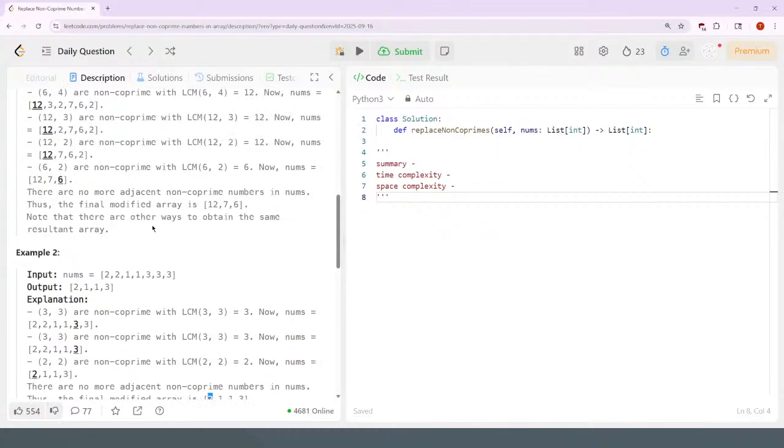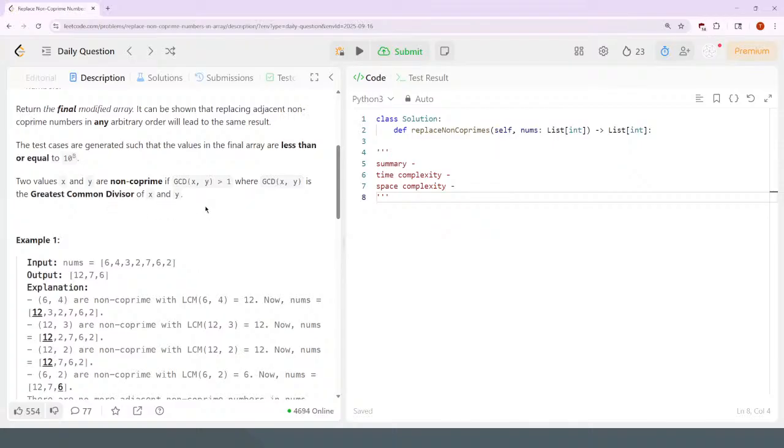So for any sequence of non-coprime numbers that are not 1, I wonder, I mean, if the lowest common multiple between two numbers is not their product, then they have to be non-coprime. They have to share some sort of prime factor.